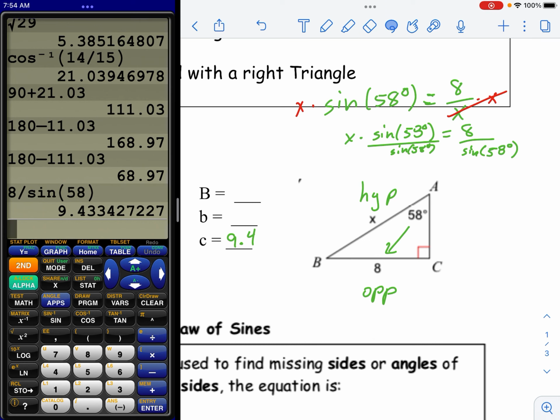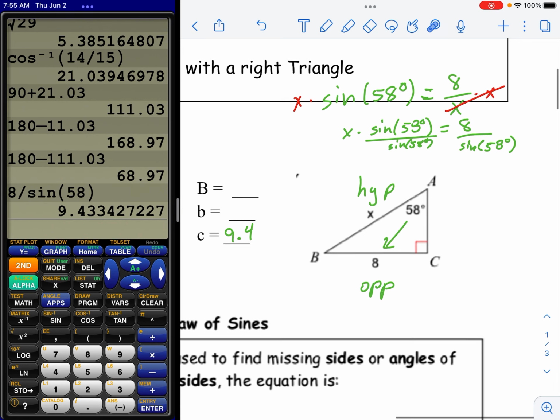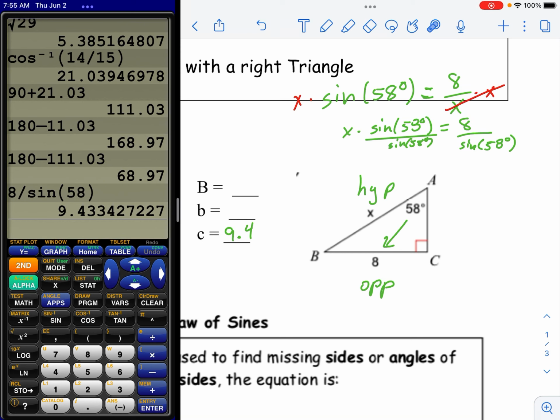Okay, then for side B, the final side, you can do Pythagorean theorem, a squared plus b squared equals c squared, or you can do what we just did again. So for example, let me use a different color. If I want to find this side B, I could use this opposite side of 8, and then this is the adjacent side.